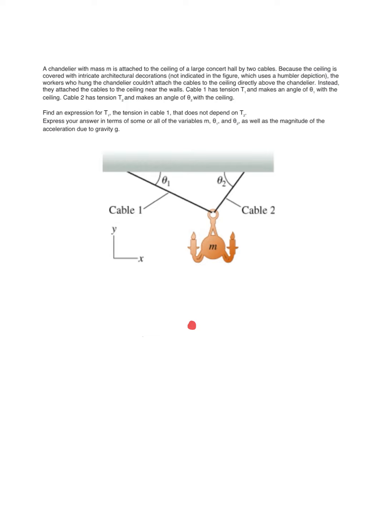So let's think about the forces that are acting on the chandelier. First, we have gravity, which always is directed straight down. And the way one calculates the force of gravity, also known as the weight of the chandelier, is one multiplies the mass of the chandelier times the free fall acceleration, negative 9.8 meters per second squared.